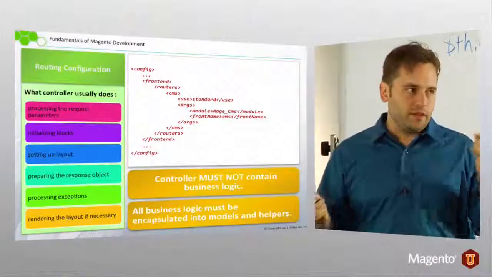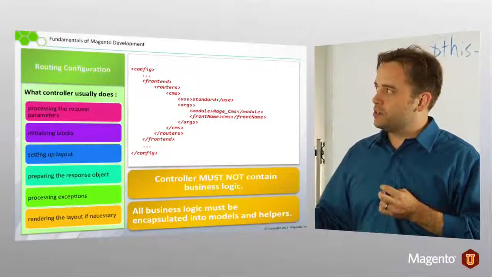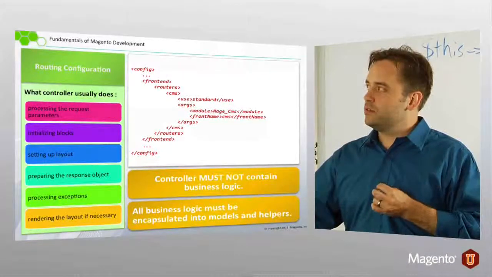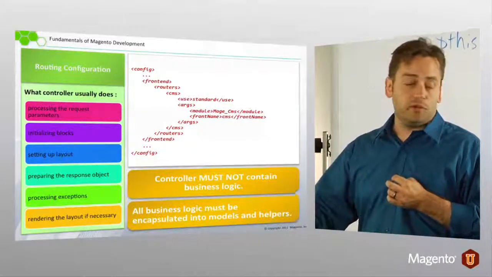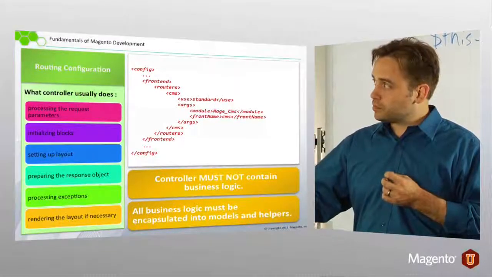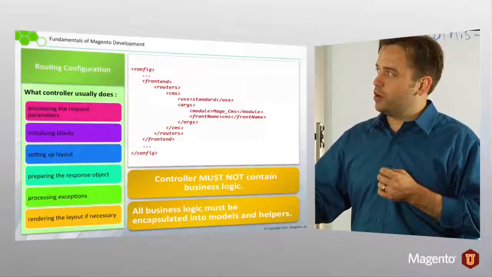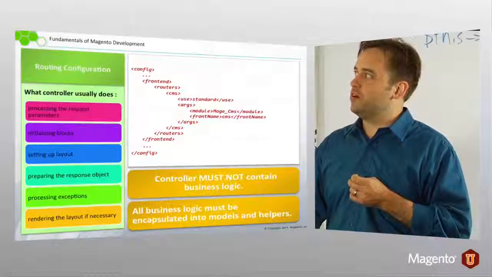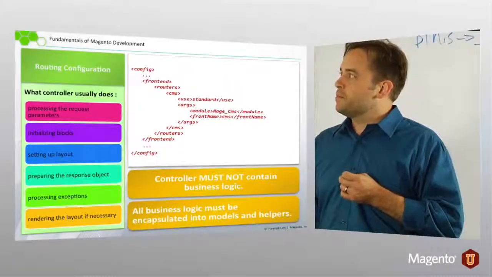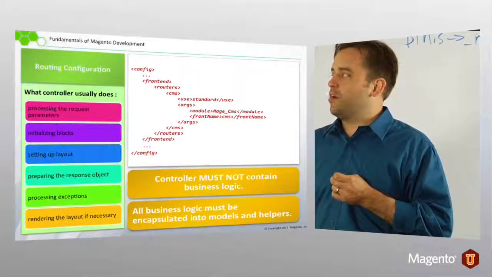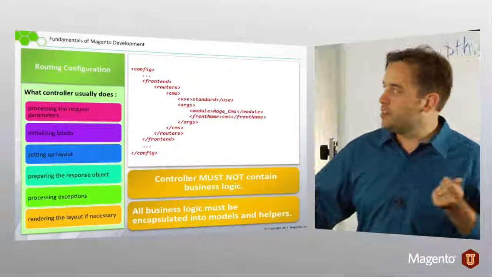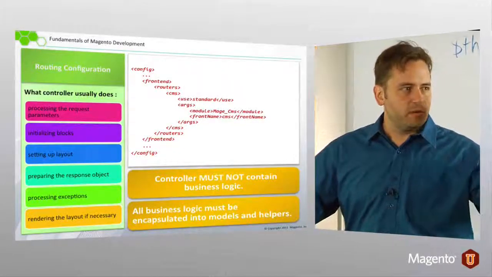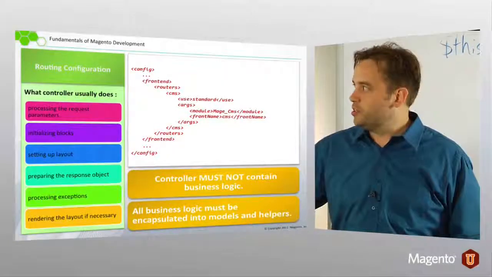So here's the pattern. Front end routers. So config, area, routers, and then a unique node for us. Use and args. So use would be standard in the case of front end and admin in the case of admin HTML. And in the args node, we specify our module. And if you think about our module registration file, the same value that we put in our module registration file is what we would put in here.